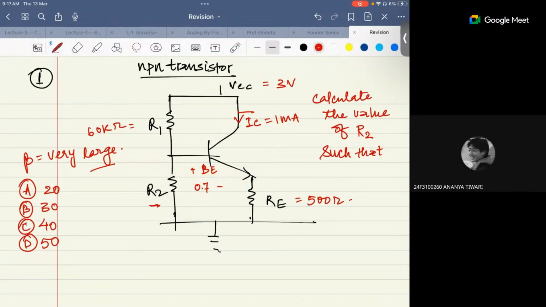Correct? Let's say, for example, you're thinking of a current, plus minus.